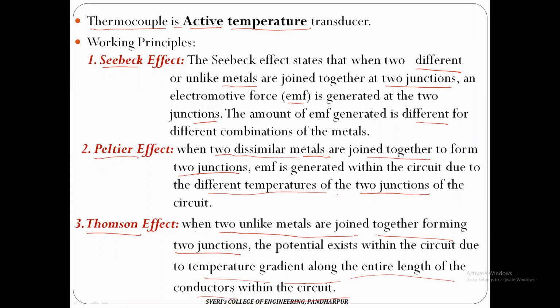So these are the three effects, and the working principle of a thermocouple is based on these three effects. Most of the times, these are names of the effects. It may ask for an MCQ type of question: the working of a thermocouple is based on, and the options are given. First option, Seebeck effect. Second option, Peltier effect.